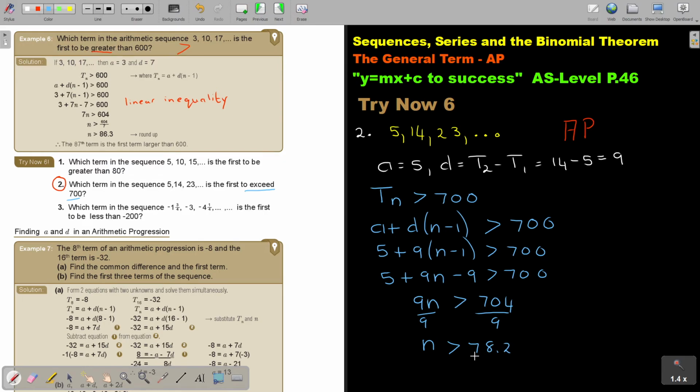But 78 will still be smaller, and I want bigger. So therefore, I'm just going to round up.